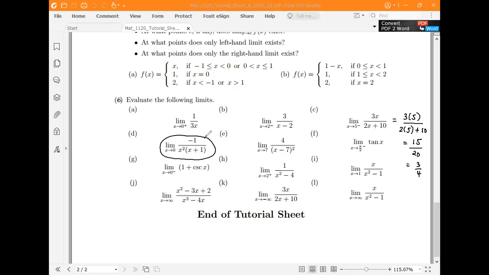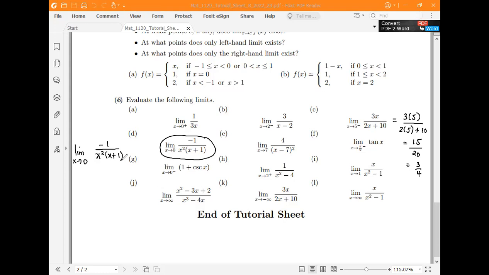As x approaches 0, even if I don't substitute, even if I don't sketch this function, I can still approximate the limit here. Because then what we'll do is, we'll have the limit as x approaches 0 of -1 over x squared (x plus 1).